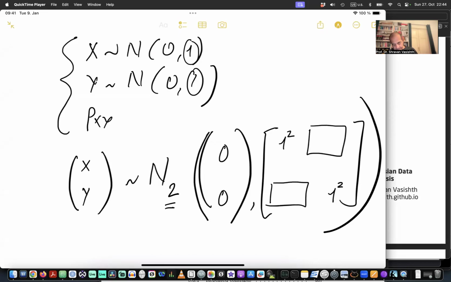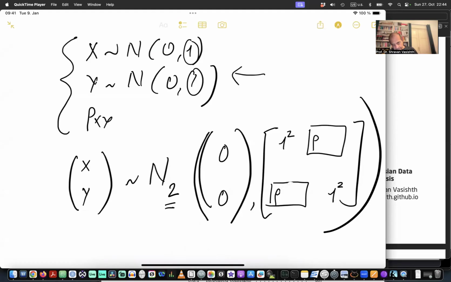What I'm going to write is the correlation times the two standard deviations, right? Now, because 1 times 1 is just 1, I'm just going to write rho here and rho here for this particular example, okay? Just for this particular example.